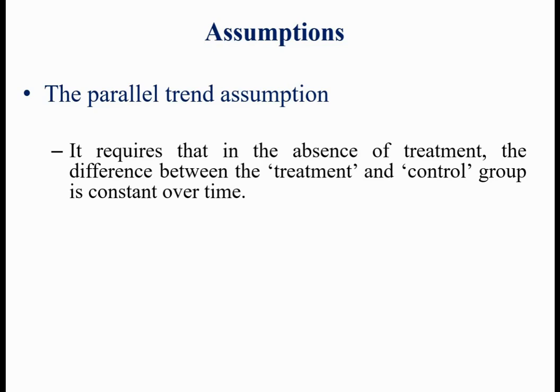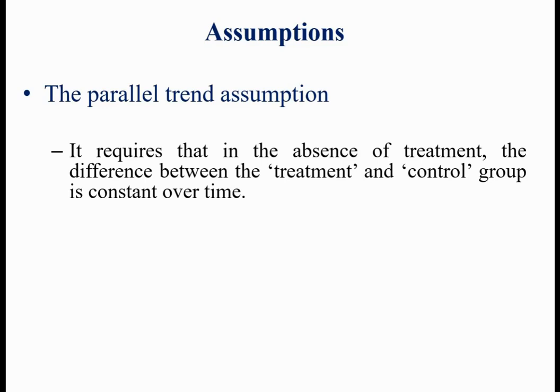But the assumption here is that before the treatment, or in the absence of the treatment, these two groups that we want to compare must have a consistent outcome, or their outcome must move in a parallel dimension.